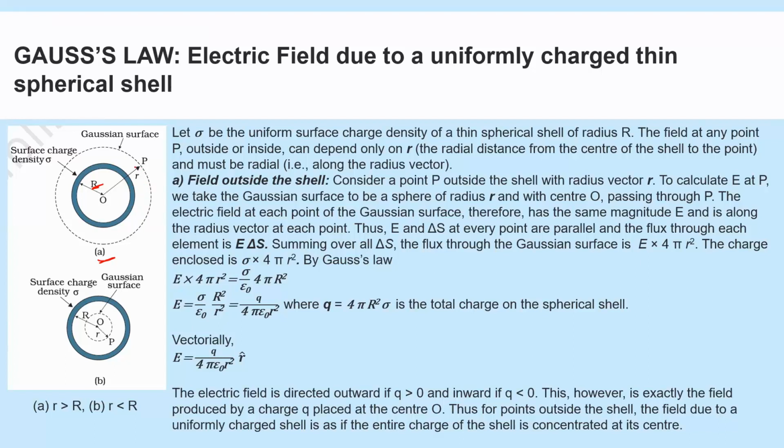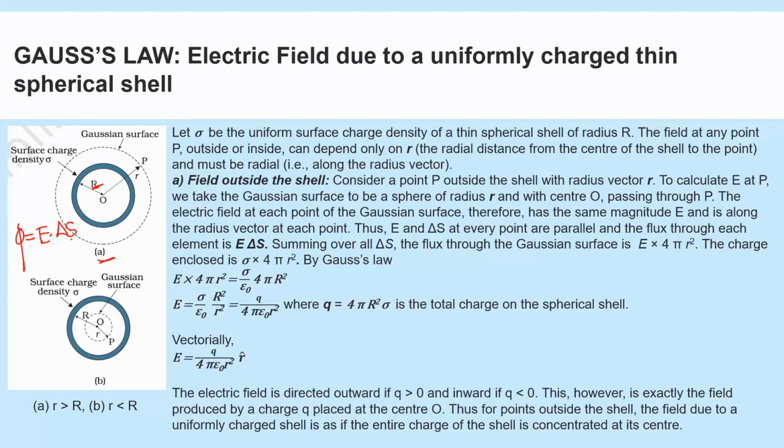Because of that, when we are considering del S, we consider the normal vector to the surface. So E and del S are parallel, and thus the flux through each element is going to be E del S. So phi is going to be equal to the sum of E del S.